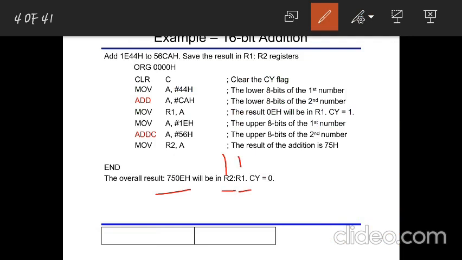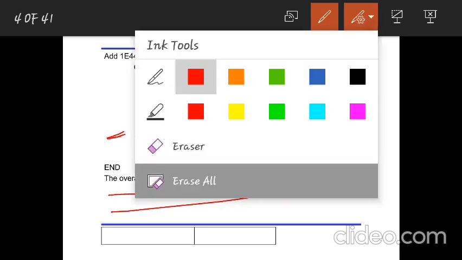And CY is equal to carry: after the complete addition with this ADDC, I didn't get any carry at the D7th bit. If you write it manually, at the D15th bit I will not have any carry. So that means carry is equal to 0 in PSW. This is the overall result after this 16-bit addition.